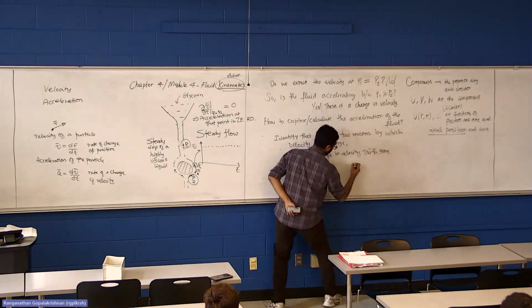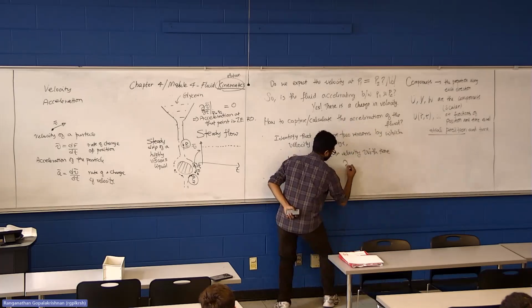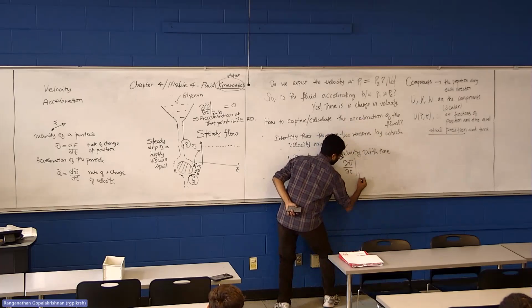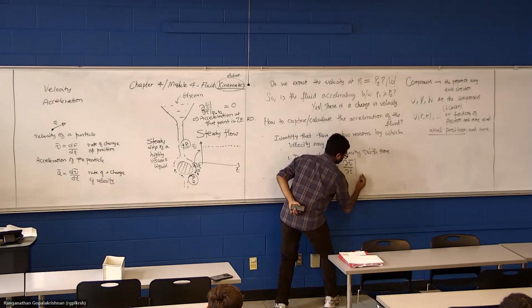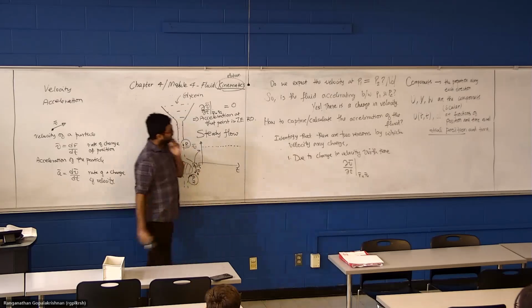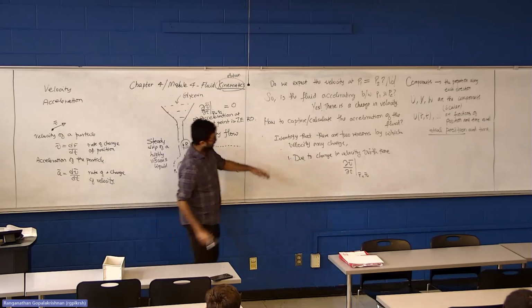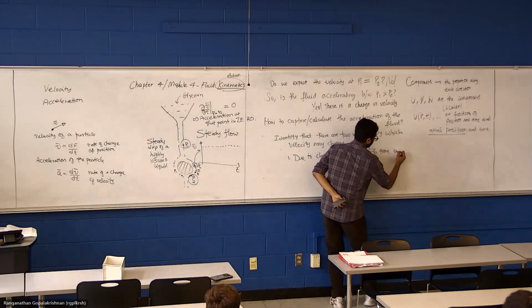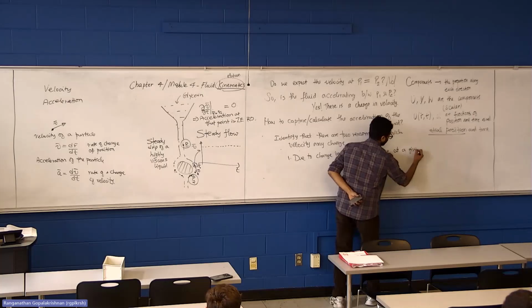That's the first case where you compute the partial derivative of v with respect to time at a given point. It is the change in velocity with time at a given point.